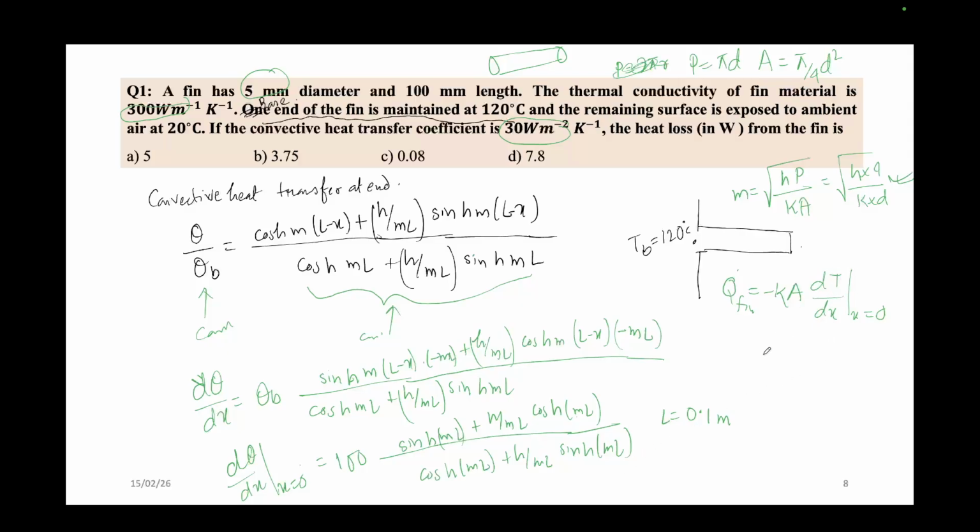So you get, K is known, A is known, so you can easily find out. Can you find out? So basically in this way you find out. So the answer, I am not going into this answer. The answer would be option B. Okay, if you solve you will get the answer option B.